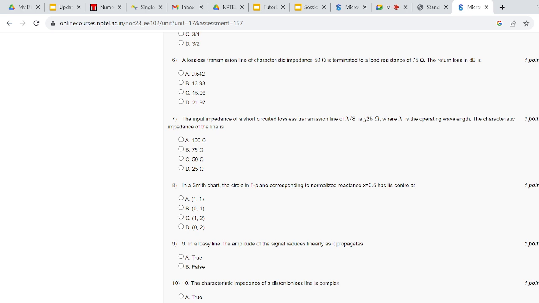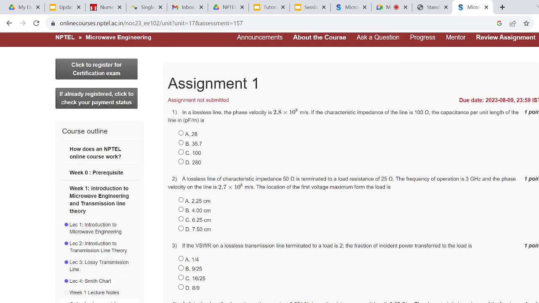So, are you talking about the characteristic impedance of a distortionless line? Is it real or complex? Ma'am, one second, I will send you a screenshot in the chat box.